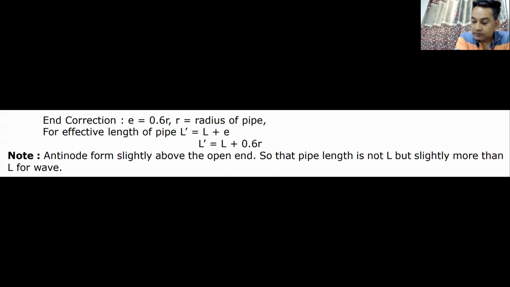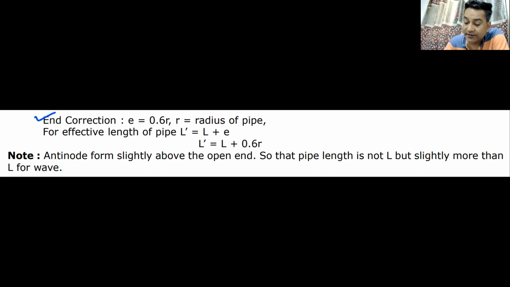Well, then, there is sometimes a thing known as end correction. What happens in an end correction? The antinodes, which are there at the open end, do not occur exactly on the open end. They occur slightly outside. So we have to correct the end.